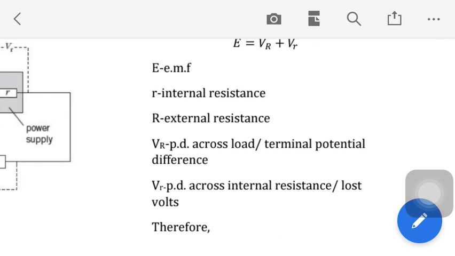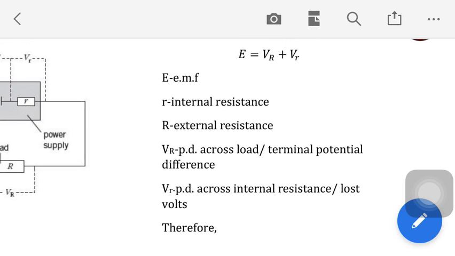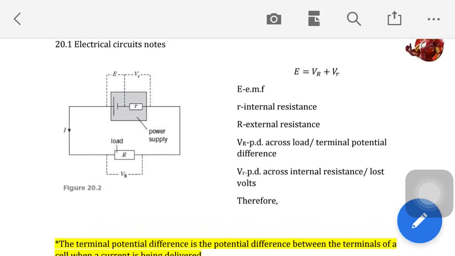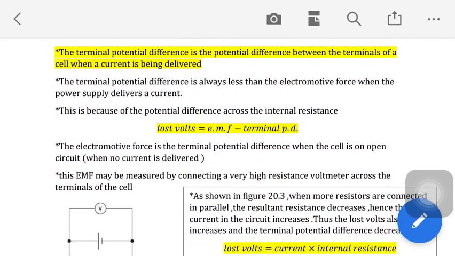So E is EMF, R internal resistance, capital R external resistance, and VR potential difference across the load or terminal potential difference. V small r potential difference across internal resistance, or also called lost volts.